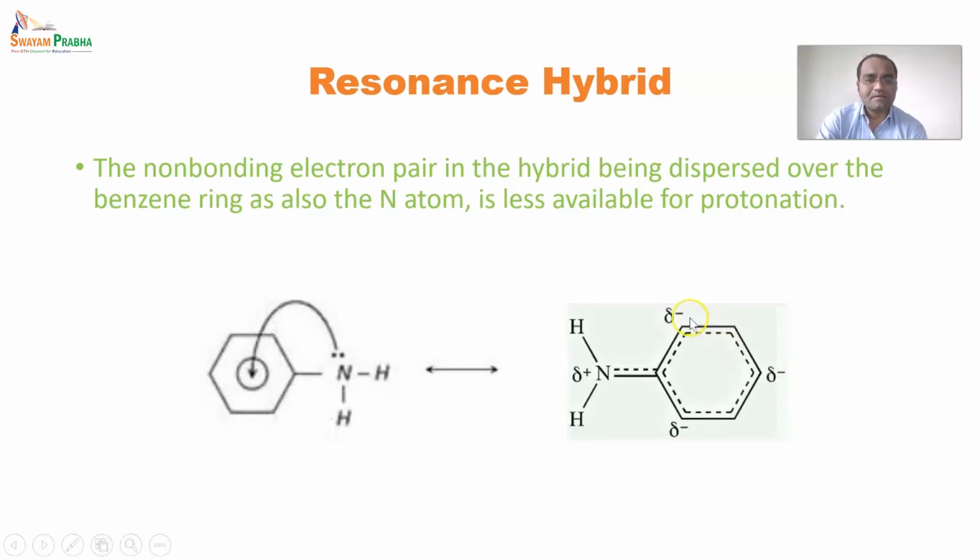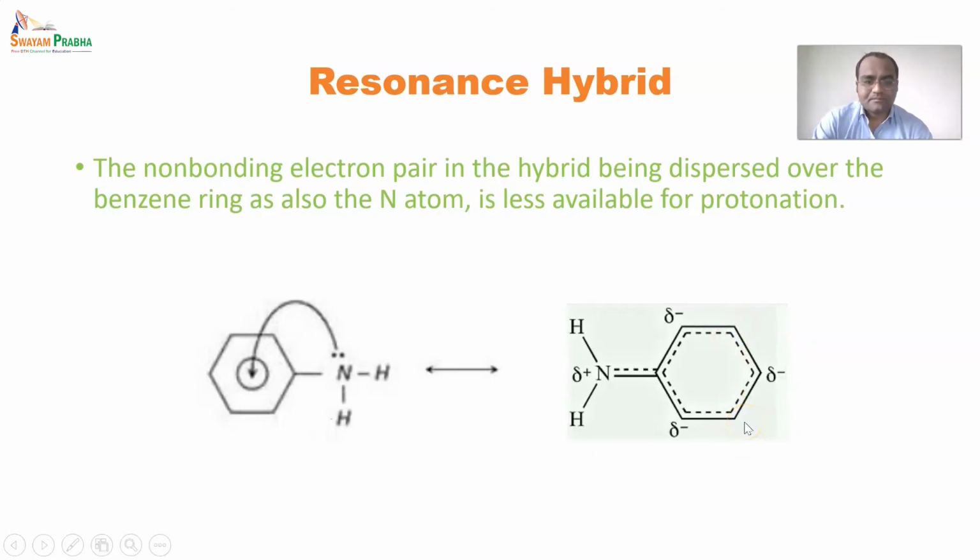So the electrophile, which has a positive charge, will come at the ortho position, because whenever the charge or electrons are dispersed by the nitrogen atom into the ring, the ortho and para positions will have a negative charge, while adjacent to that there should be a positive charge. Meaning the meta position should have a positive charge.